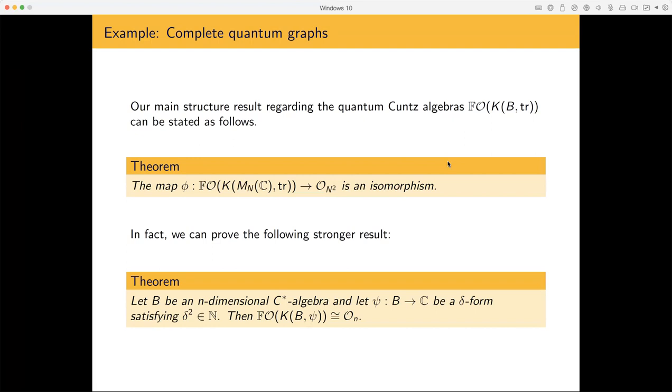So this relation to quantum groups, I didn't say anything about it, but I guess the most obvious connection is to quantum permutation groups, which Banica and Bichon studied.